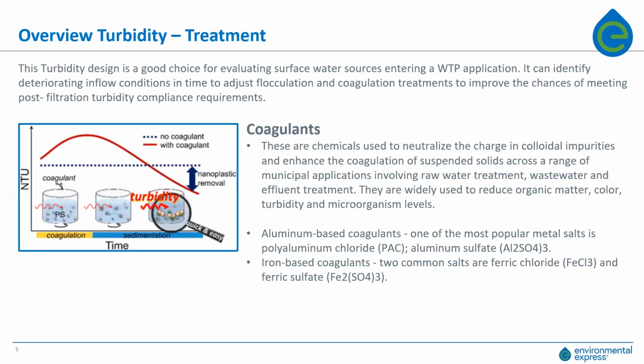So I wanted to do, as I mentioned, a quick overview of a treatment process, starting with the turbidity design. The 180.1 method, using a tungsten white light source, is a great choice for evaluating surface waters entering a water treatment plant's application or facility.